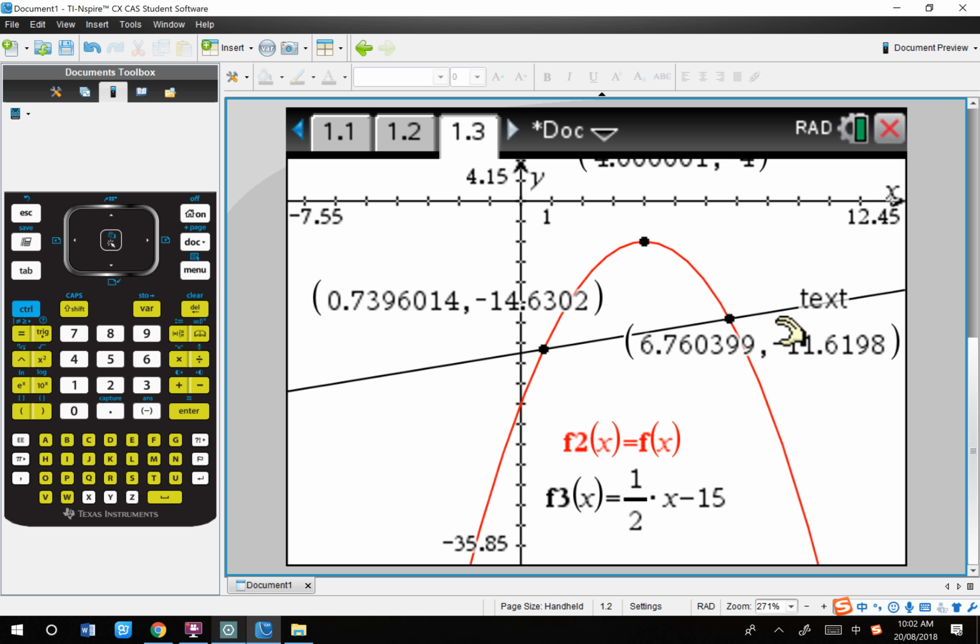What's the other thing I want to do? Which graph do I want to sketch? There's no x-intercept.